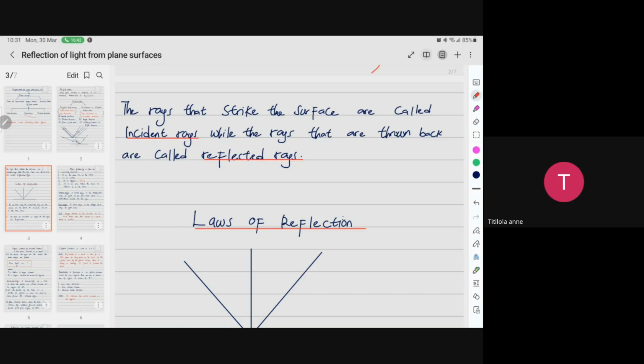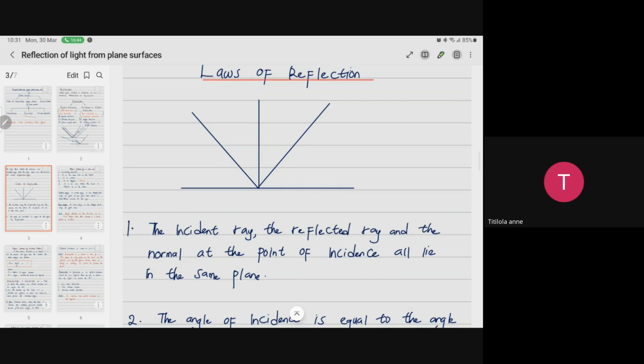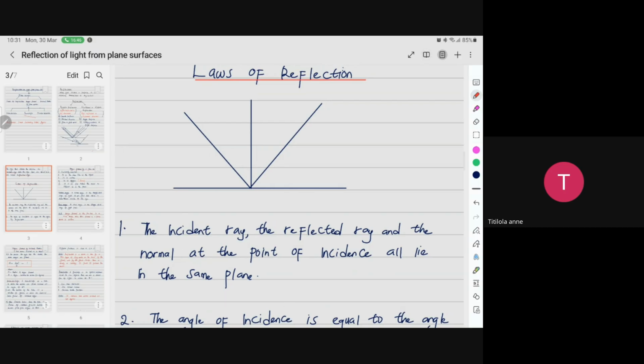So what are the laws of reflection? Here is your incident ray. This is your reflected ray. Remember that this is your normal, isn't it? That straight line happens to be your normal. Now, the angle here, this is your incident ray, while here is your reflected ray.